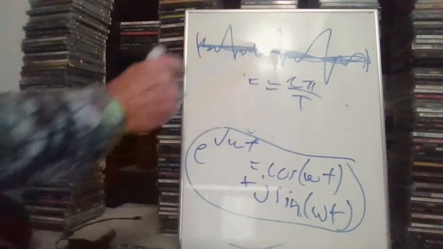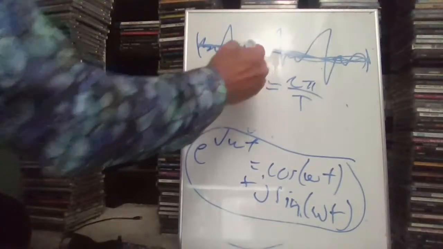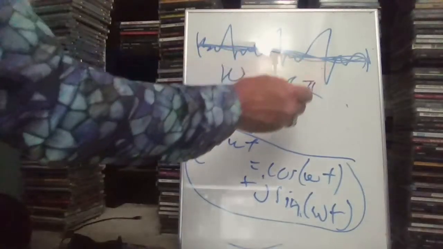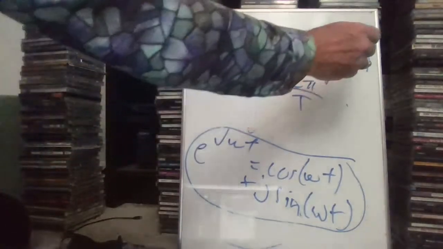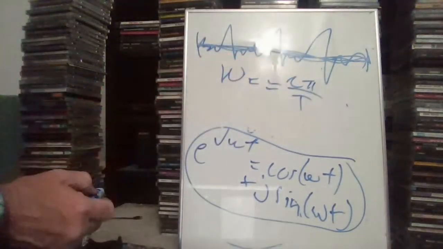I don't know how they write it. The biggest period makes the smallest frequency. So the smallest frequency is the fundamental, the one you start with.